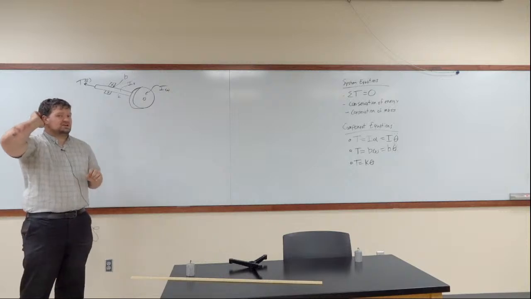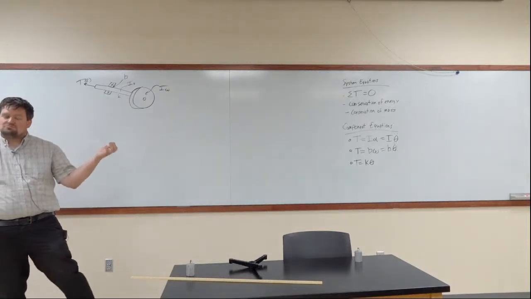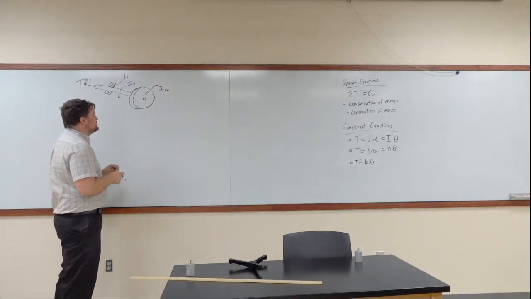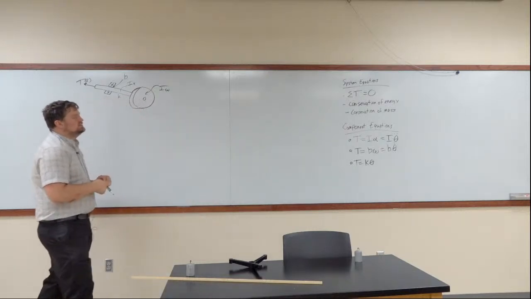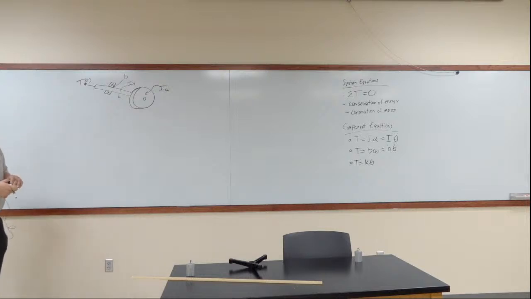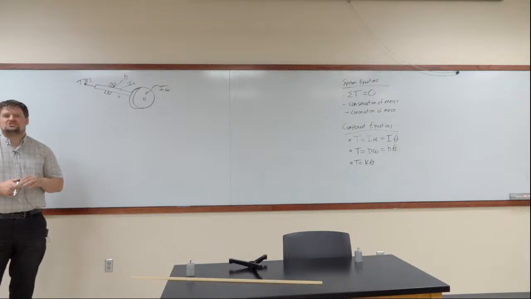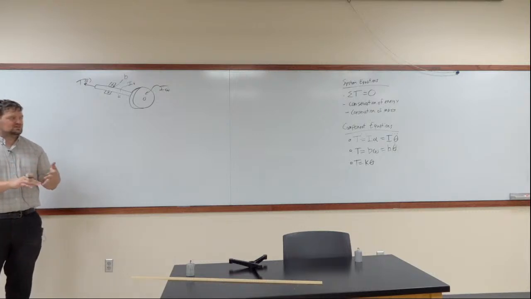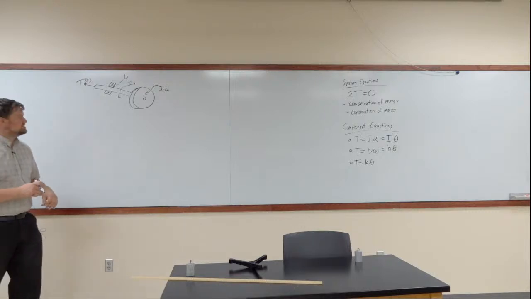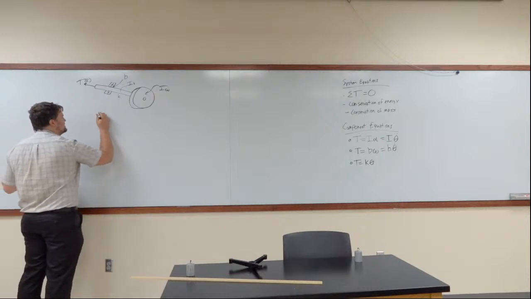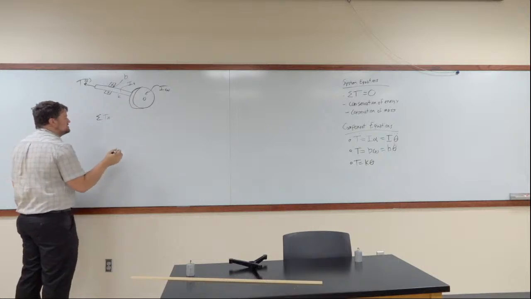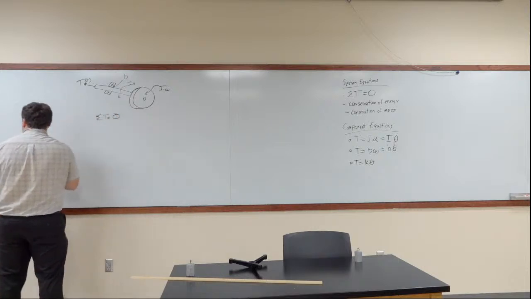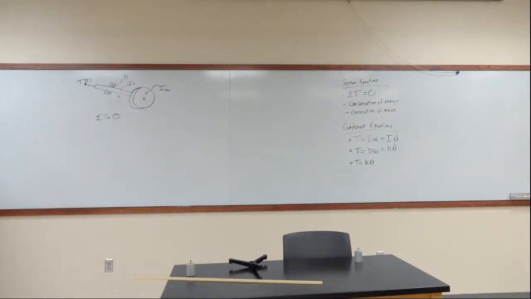So what we're going to do here is go ahead and write the system equation for this. Now, usually when it comes to system equations for this class, we pretty much just use F equals ma and the sum of the torques equals 0. So I'm just going to write that one out. You can use the other two equations, it's just we don't do them in this class. What are all of the torques acting on this shaft?